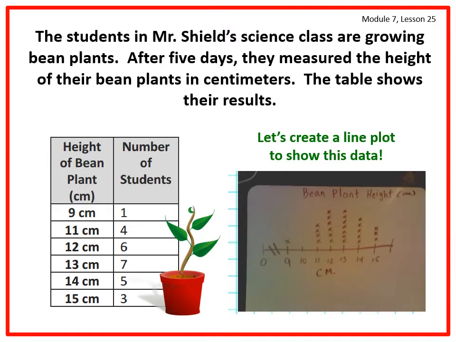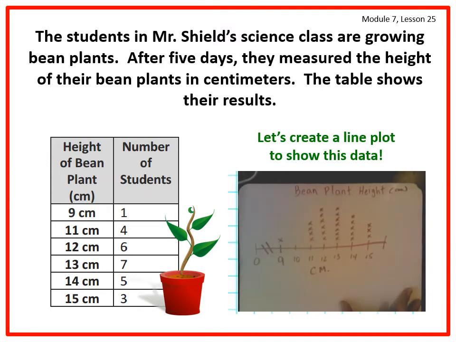Welcome back. And check your work. Here's what you should have. Now, I want you to check and compare your line plot with mine. Okay, so we did everything else together except for our X's. So for 9 centimeters, I put 1X because there was one student.